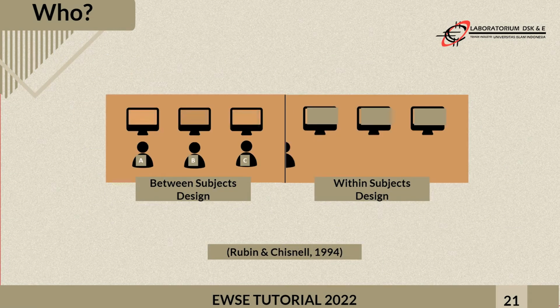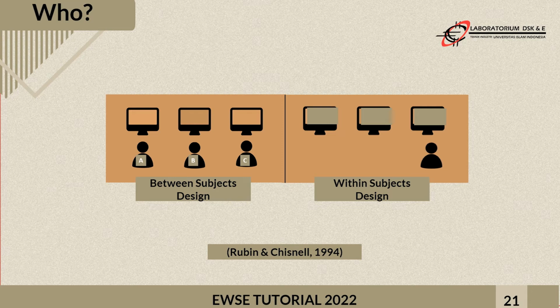And then in the next slide, we can see the animation showing the difference between between subject design and within subject design. In between subject design, subject 1 gets treatment A, subject 2 treatment A, subject 3 treatment B, subject 4 treatment B. While within subject design treats subject 1 with both treatment A and B, and so on until subject 4.